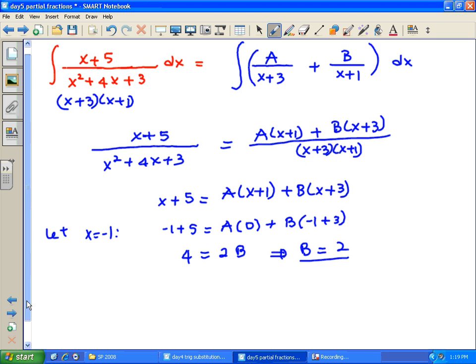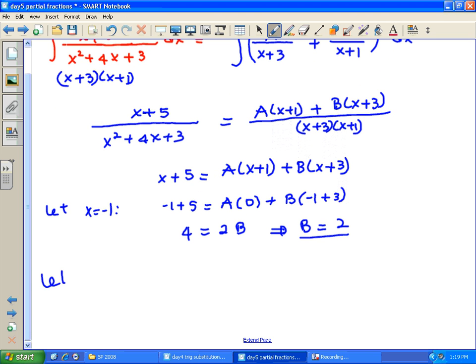And to find the other constant, you tell me, what shall I let x be equal to? In this equation, you want this time the b term to disappear. So what would make that disappear? Negative 3. So plug into that equation, let x be equal to negative 3.